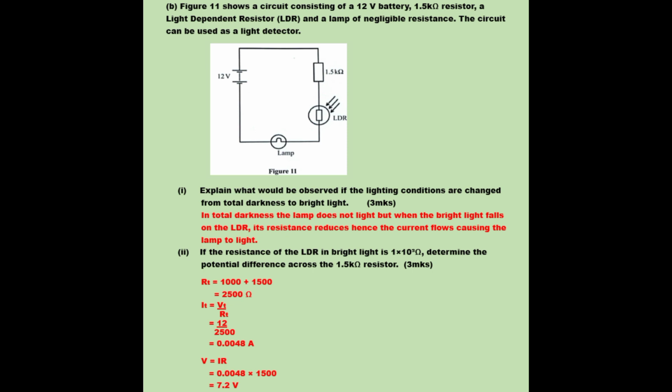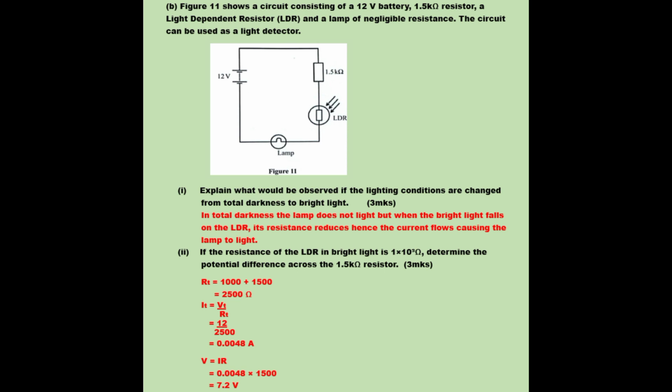So the total current passes from the positive terminal to the 1.5 kilo ohm, to the LDR, to the lamp and back to the negative. That means the current passing through the 1.5 kilo ohm is the total current. The voltage will be I, the total current, times the resistance, 1.5 kilo ohm.